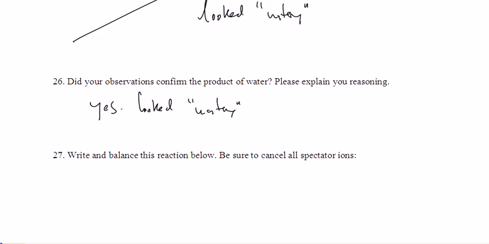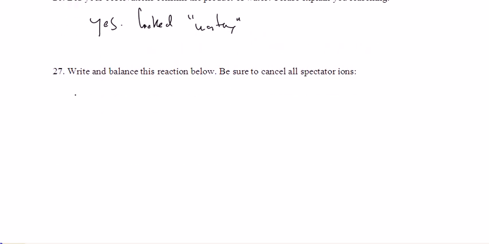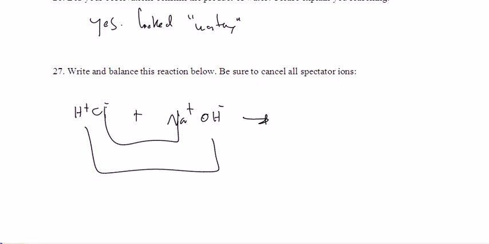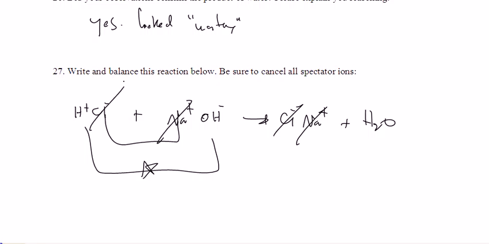Kind of a stupid question, but whatever. Let's write and balance it. H+ Cl- plus Na+ OH-. Swap, swap. Where's my stick? There's my stick. Cl- Na+ H2O. Boom, boom, boom, boom. H+ plus OH- goes to H2O.